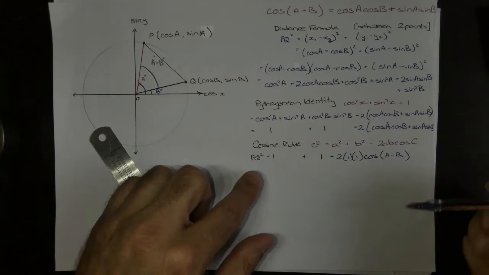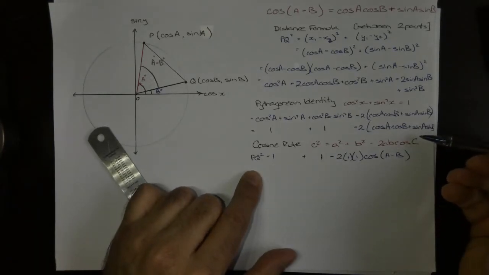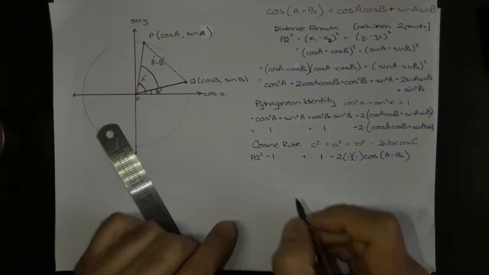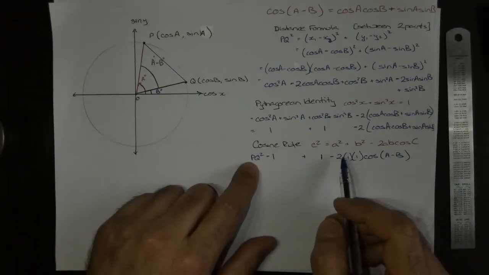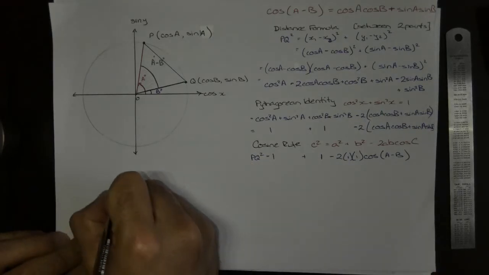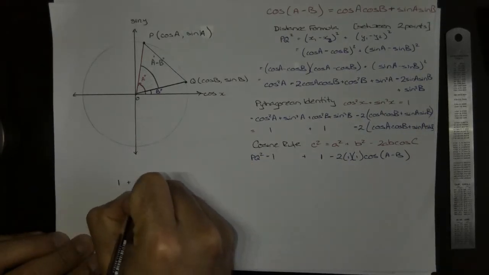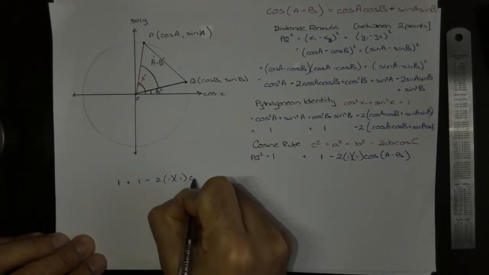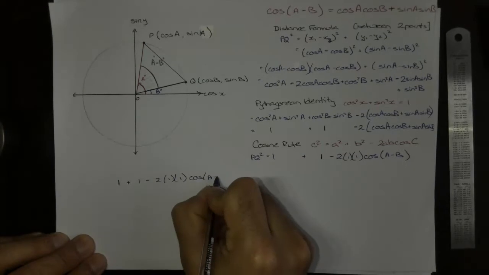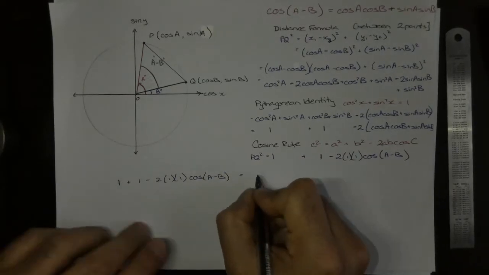Okay, these are identical because that was PQ and that's PQ. So what we can do is write it like this, or equate coefficients. That's what we're doing. We're equating coefficients.